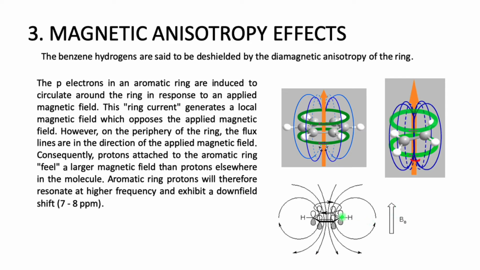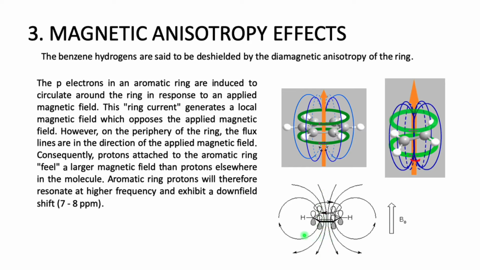However, you can see that on the periphery of this ring, the flux lines are in the direction of the applied magnetic field. The orientation of this magnetic field is somewhat aligned with the external magnetic field, whereas in the center it is opposing.